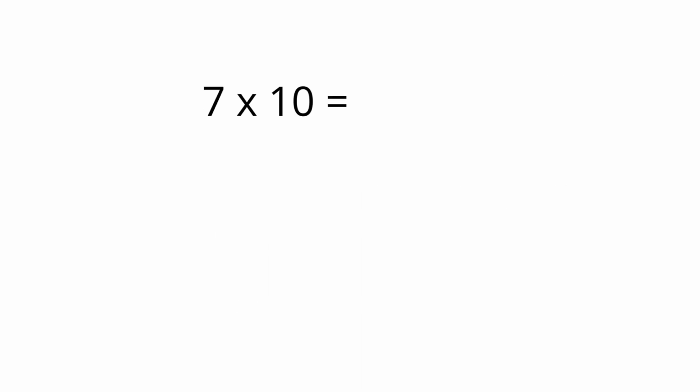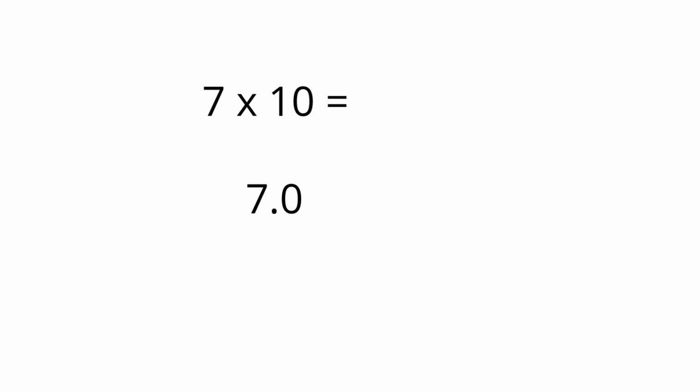Now this is where the decimals come into play. When I take a look at my 7 multiplied by 10 here, I know that the answer is 70. But let's take a look here. When I start off, I have 7, and then I'm going to multiply it by 10. But technically I can say that this is 7.0.